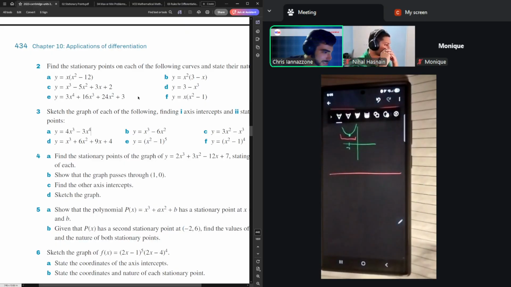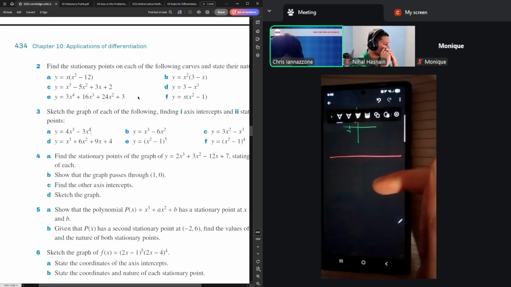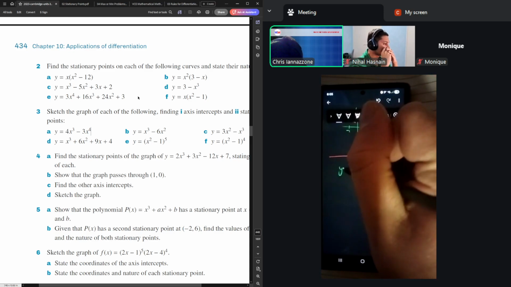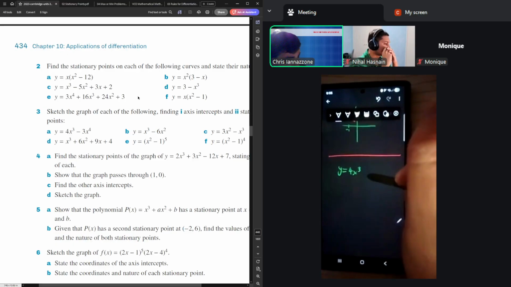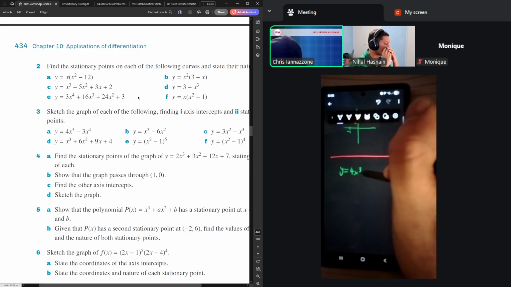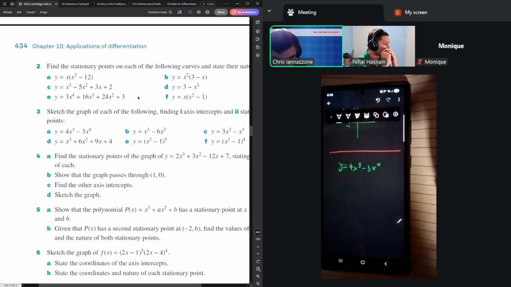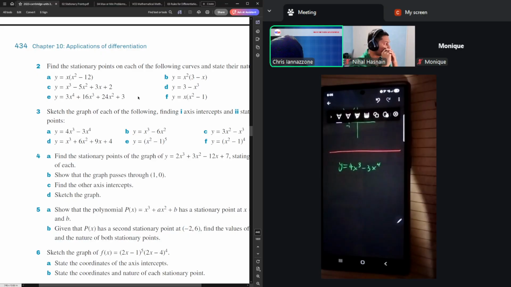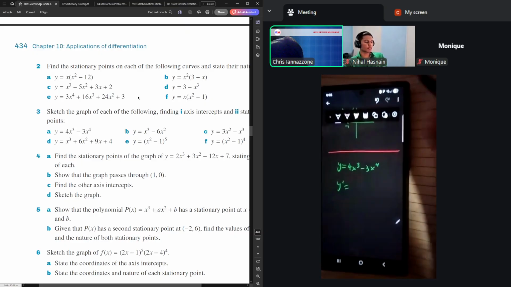We could actually sketch that if we wanted to, but either approach is fine. Y equals 4x cubed minus 3x to the power 4. Okay, so first things first is actually finding the stationary points. We've done a fair few practices of those already, so I'll just run through this.